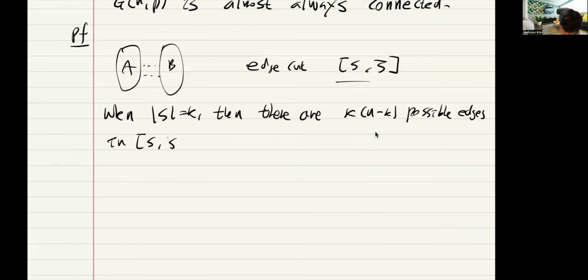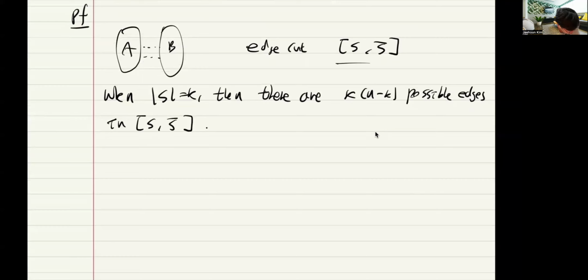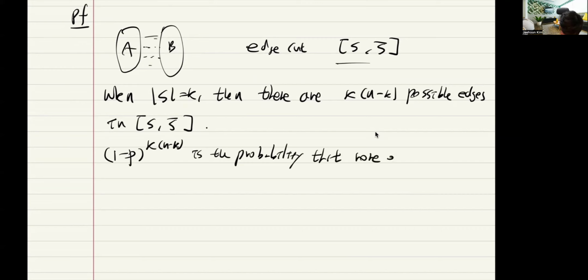In this edge cut, if none of them appear, the probability is (1 minus p) to the k(n minus k), the probability that none of them is an edge.